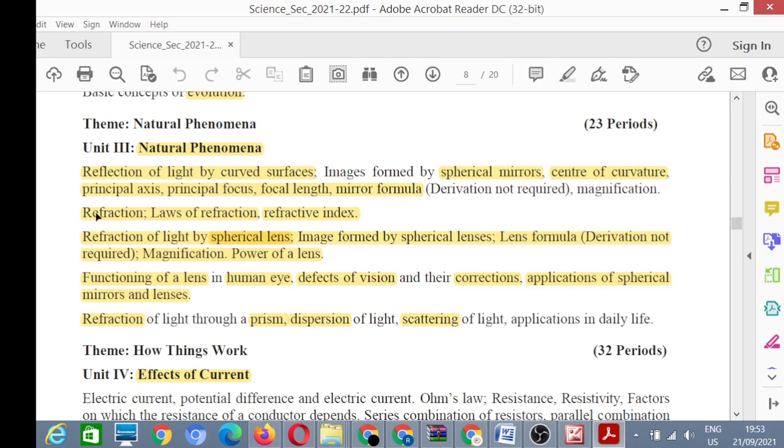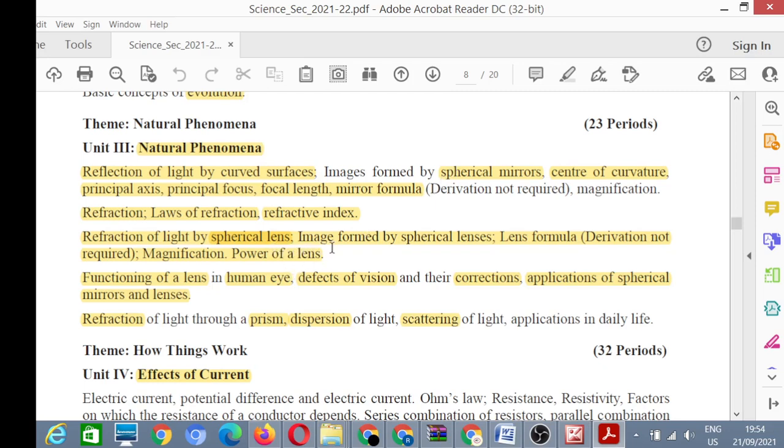The next is refraction. In reflection we have the laws of reflection. Then you have refraction, then refractive index, in the case of a lens, slab, or prism. Then refraction of light by a spherical lens. In reflection it was the spherical mirror, in refraction it is the spherical lens.